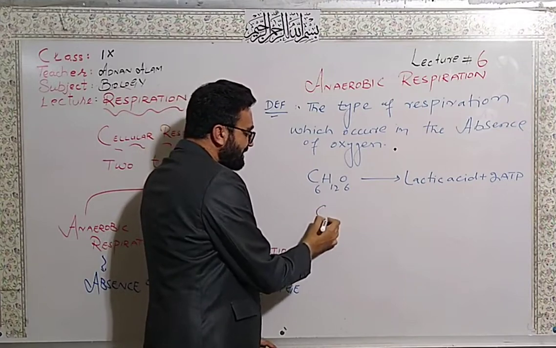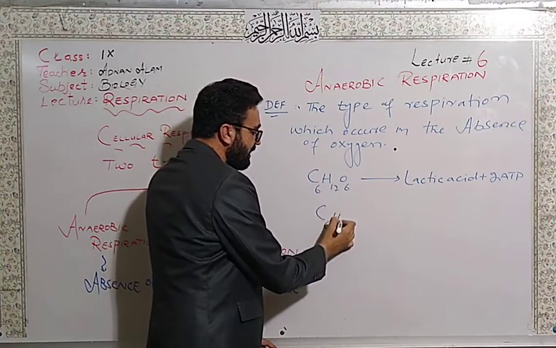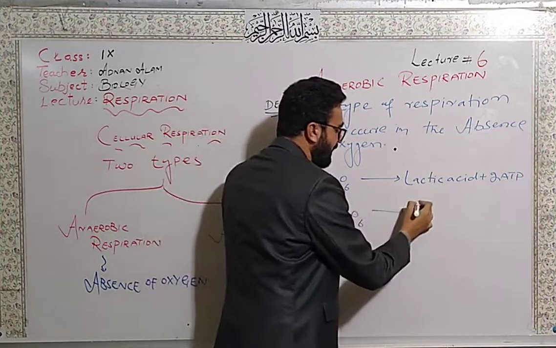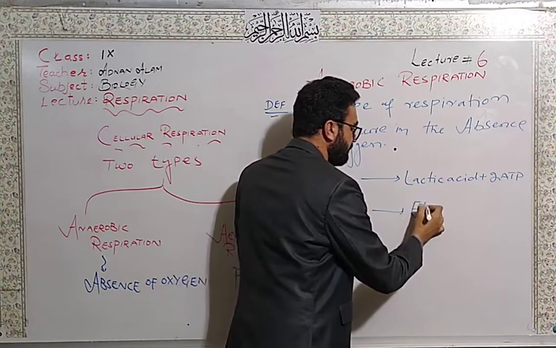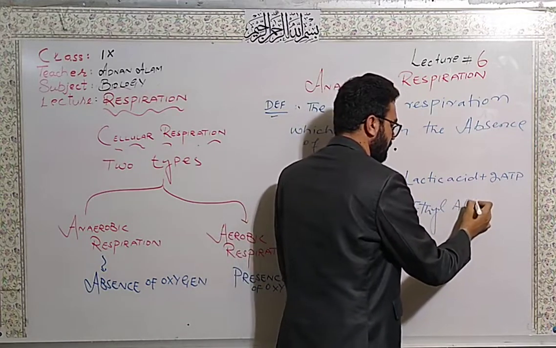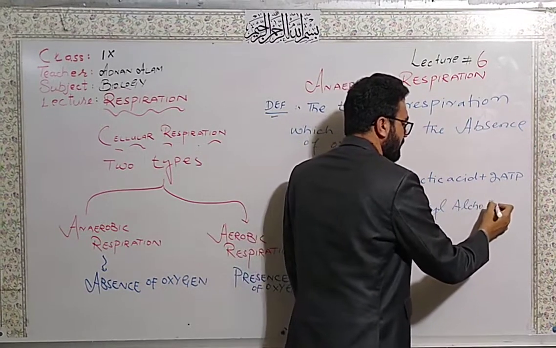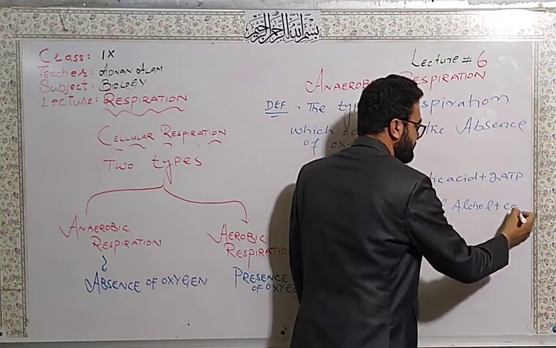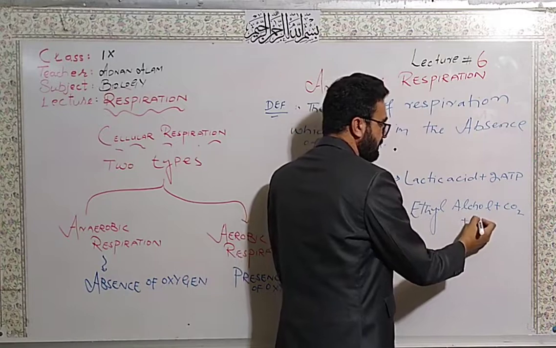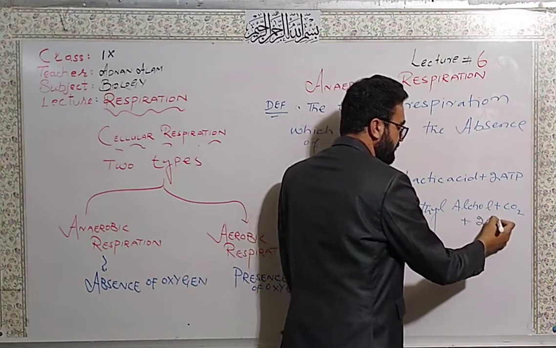And if it is a plant cell, then C6H12O6 will convert into ethyl alcohol plus carbon dioxide, plus we get here 2 ATP of energy.